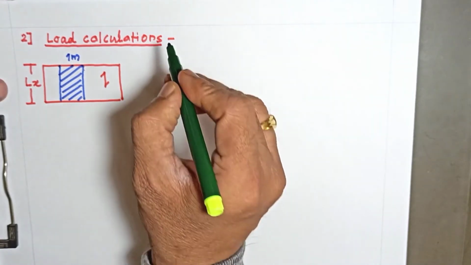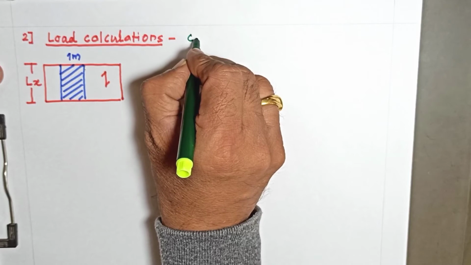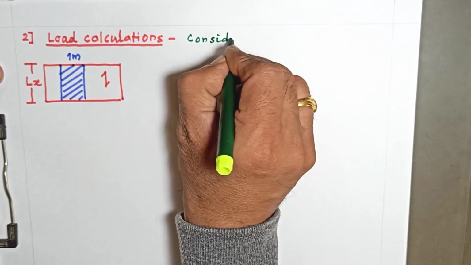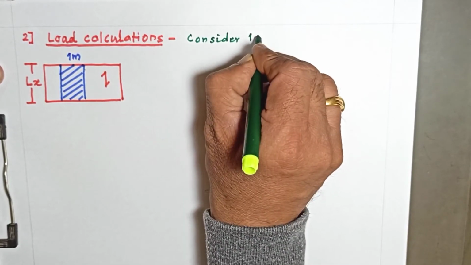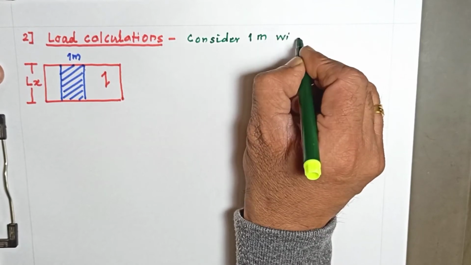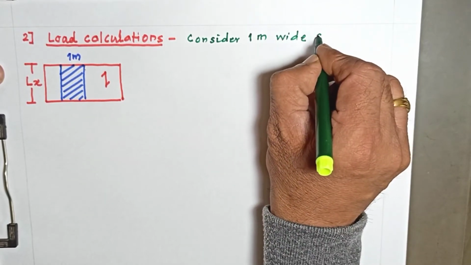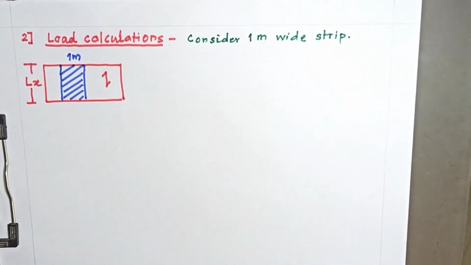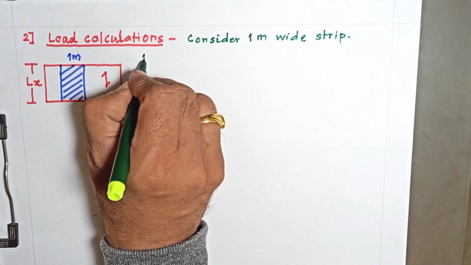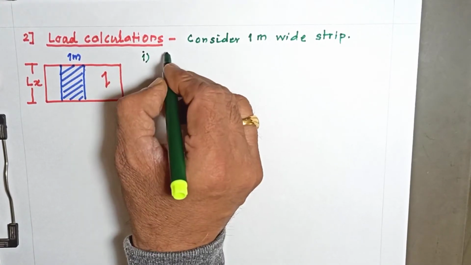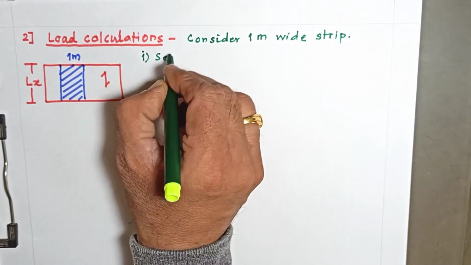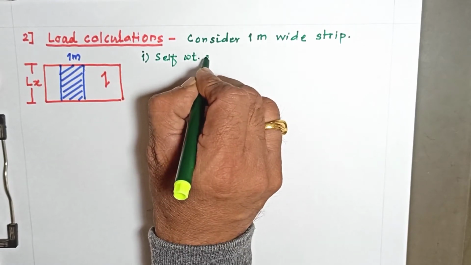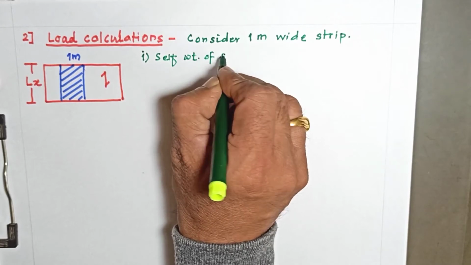Consider one meter wide strip. Okay. So first one, self weight of slab. What is self weight of slab?